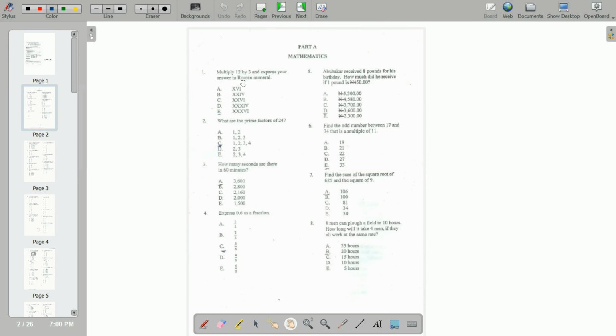My first question here is multiplying 12 by 3 and expressing my answer in Roman numerals.